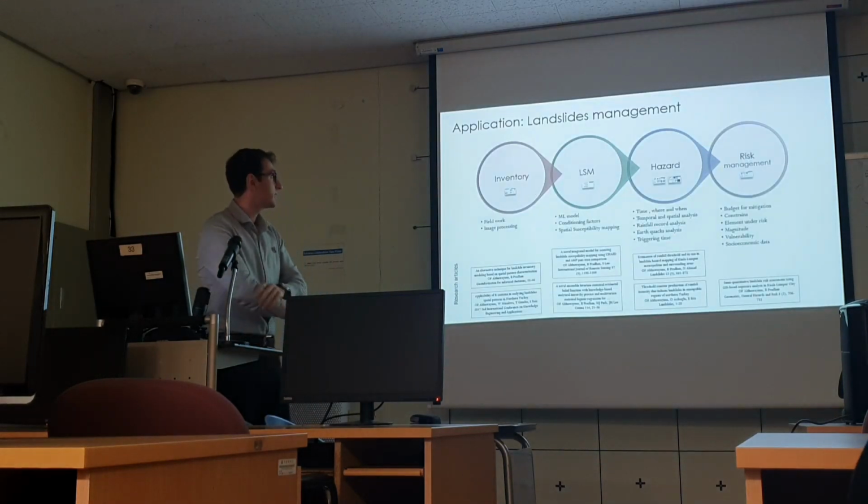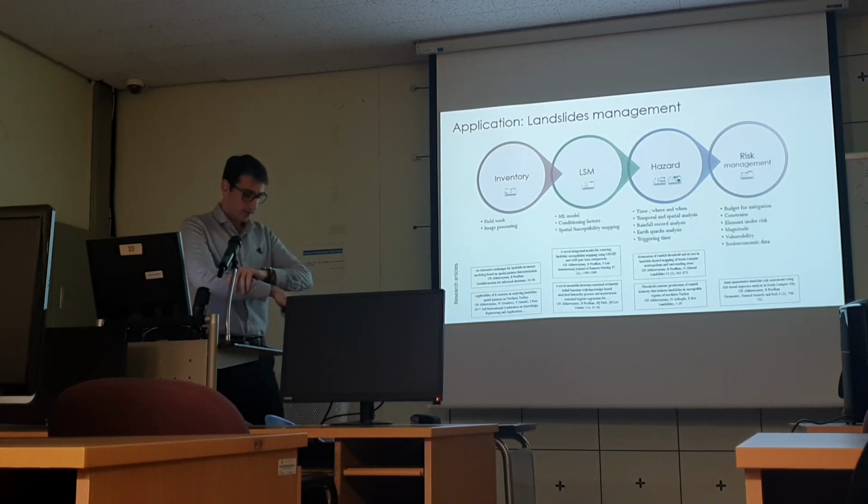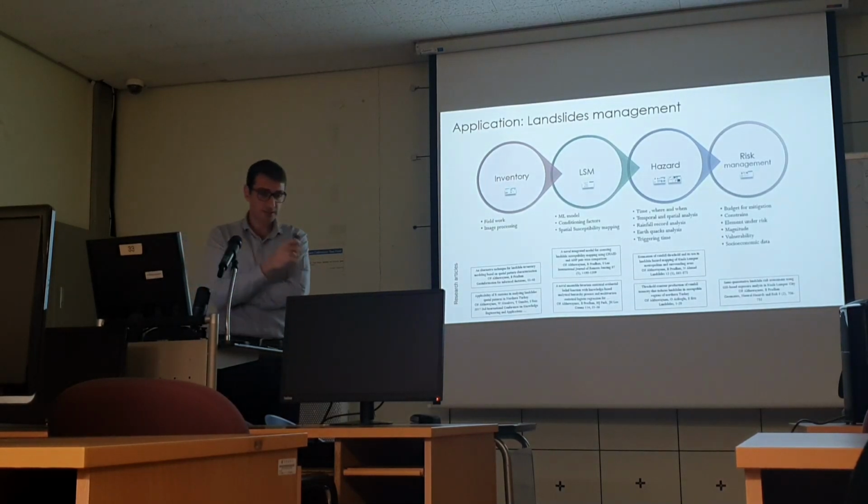Move on with the landslides research. So we have about 15 minutes left. On the landslide now, if you are interested to work on landslides, we have four major steps: the inventory, the landslide susceptibility map, the hazard map, and the risk.